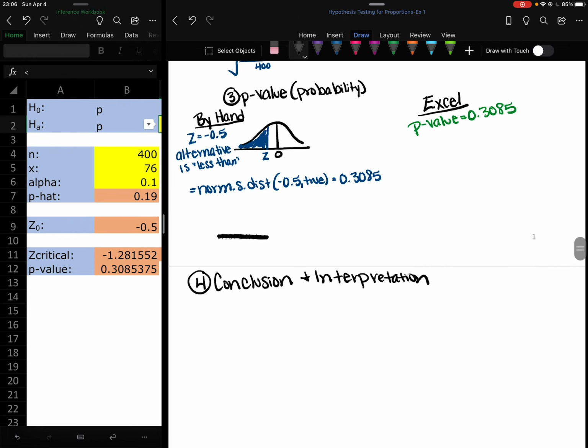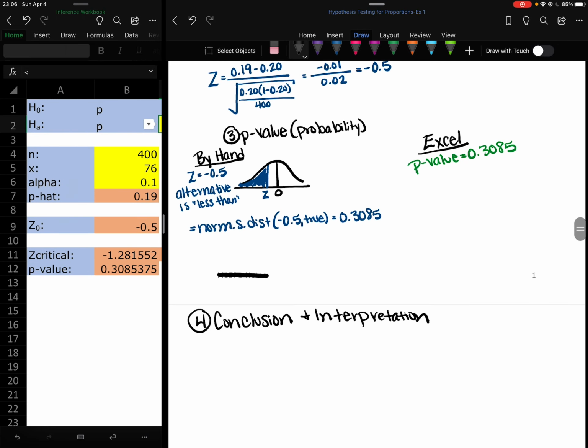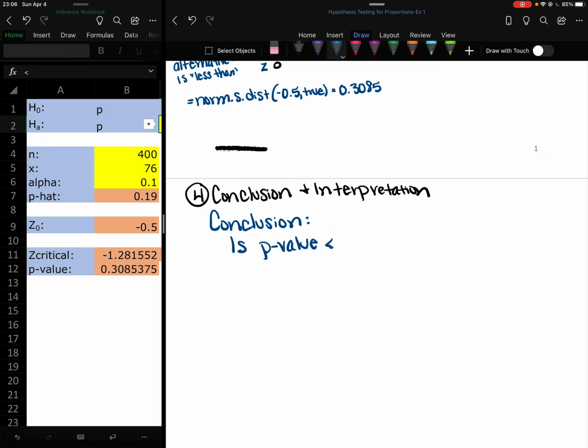The conclusion is going to be based on whether the p-value is less than our alpha. So for the conclusion, I'm going to ask a question. Is the p-value less than the alpha?